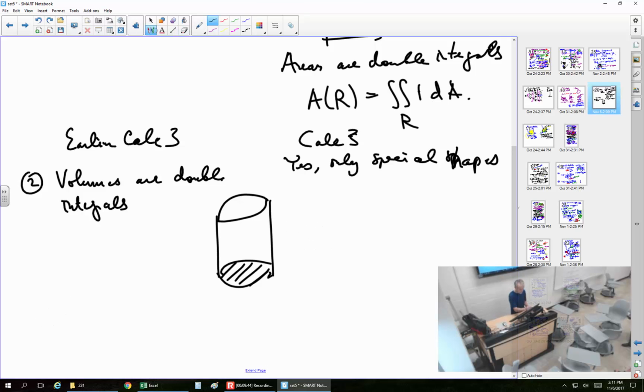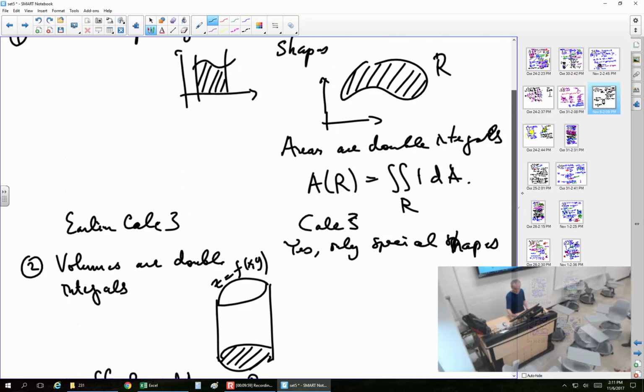So the volume is a double integral of f of x y dA over, say, R. So this is R, and this is z equal f of x y. By total analogy with the previous example, where y equal f of x and we talked about area, some region is bounded by the graph of a function.